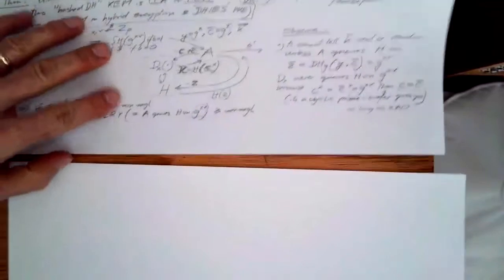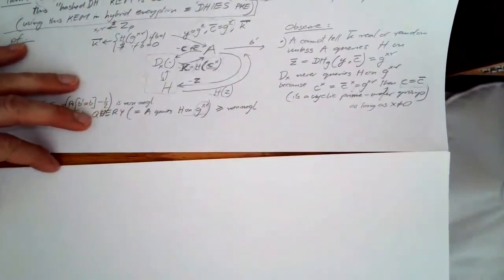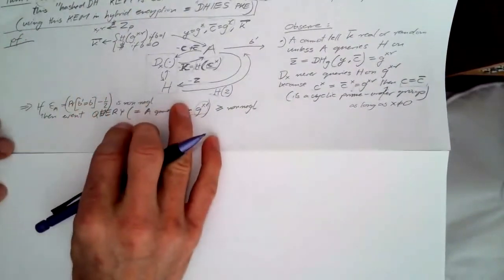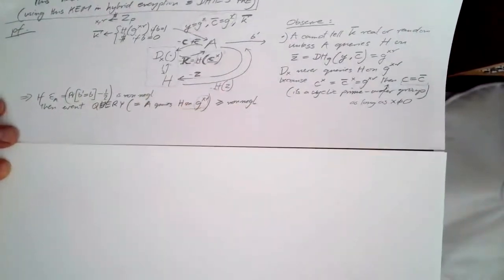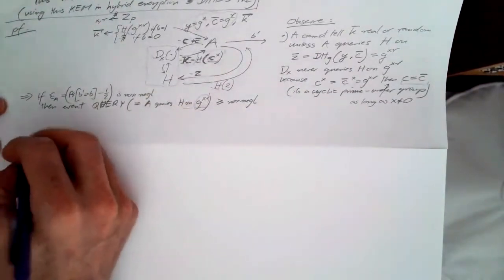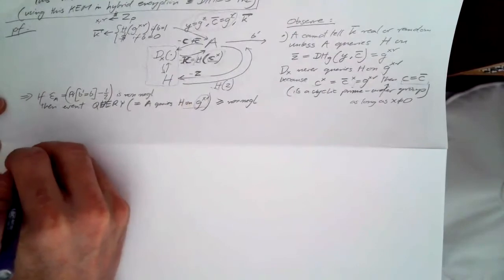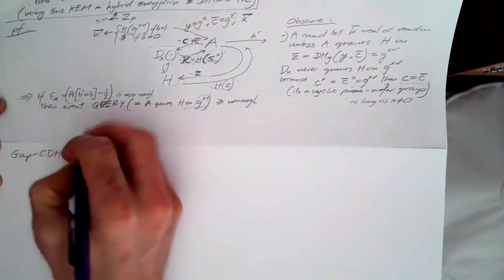Okay, so let's spell out what this assumption is, and maybe say a few words why on earth this assumption makes even a remote sense. So this is the Gap-CDH assumption.